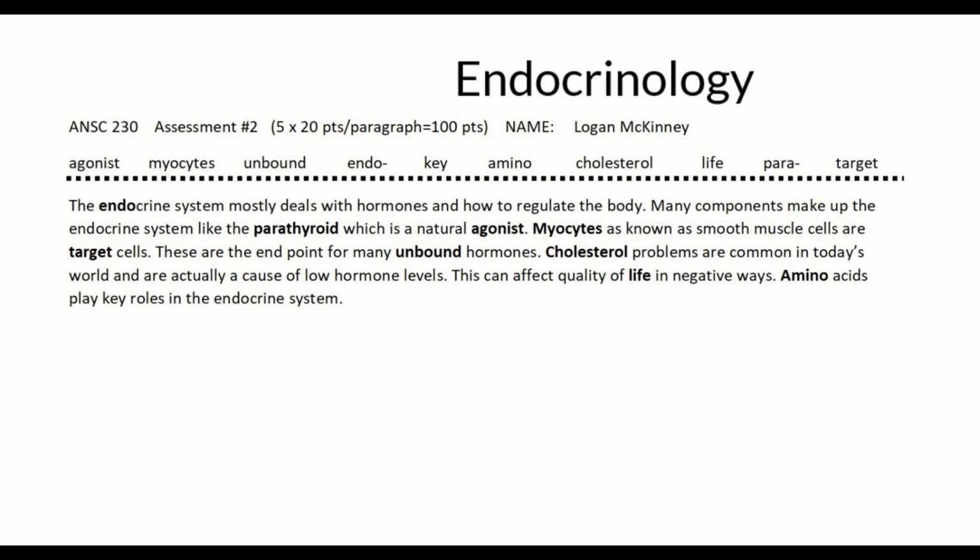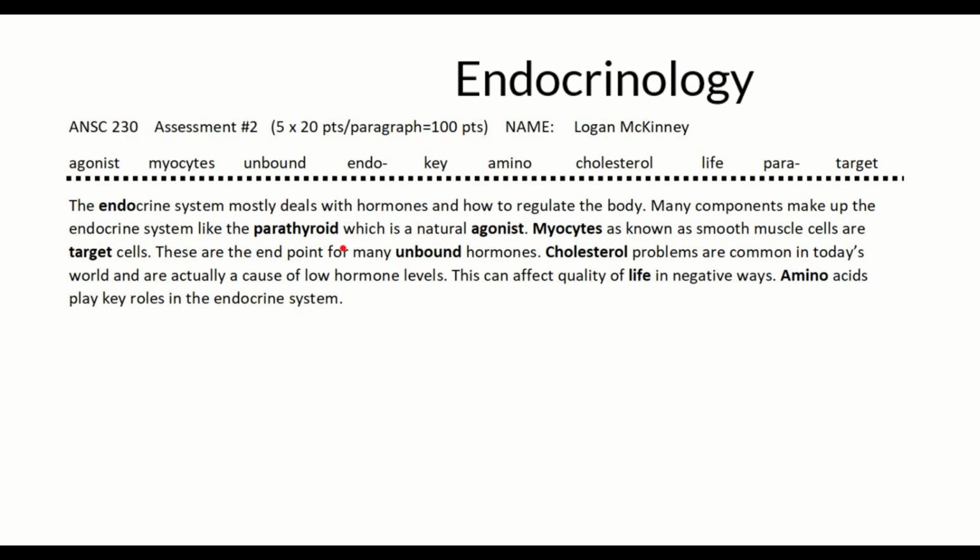It means nothing when you follow it with which is a natural agonist. Myocytes, that's all muscle cells. Myocytes are known as smooth muscle cells. They could be cardiac cells, they could be skeletal muscle cells, are target cells. Okay, you're saying myocytes are target cells. Sometimes they are, but that statement doesn't tell me anything that you know the physiology.